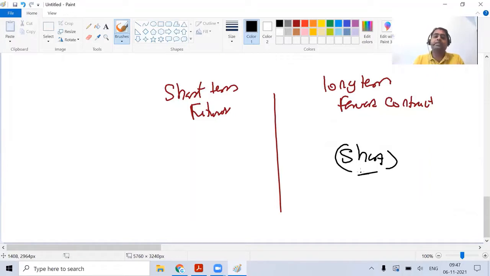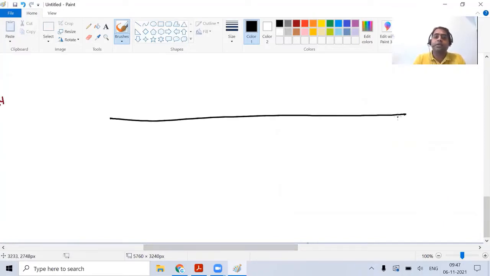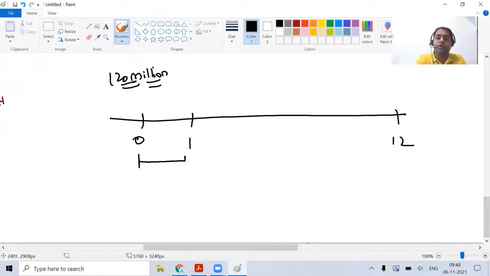Now, if you want to hedge it, what they did is they went into a stack and roll hedge. What was a stack and roll hedge? For the benefit of the audience, suppose you want to cover 120 million barrels of oil over a period of 1 year, and you know that after every month 10 million barrels will have to be delivered. So that is not a risk for you. Only the remaining part will be the risk. So when you enter the first month, you will enter into a 1 month forward contract.